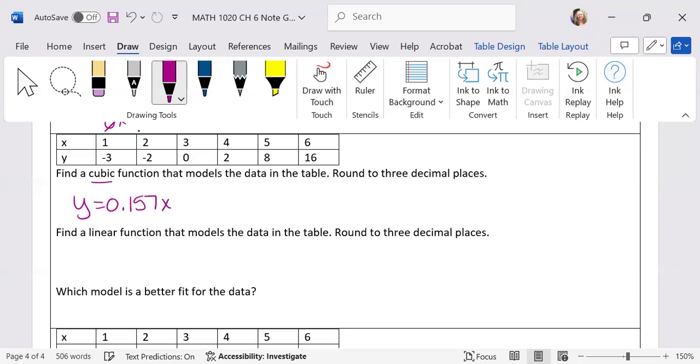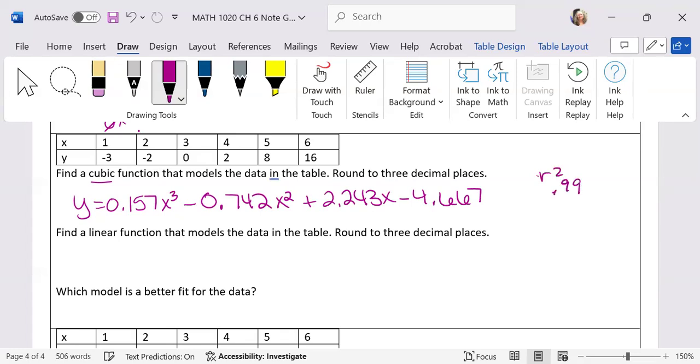All right, cubic, the highest power is a 3. The R squared value, we've done this before, is again, just take it out to 4 decimal places.